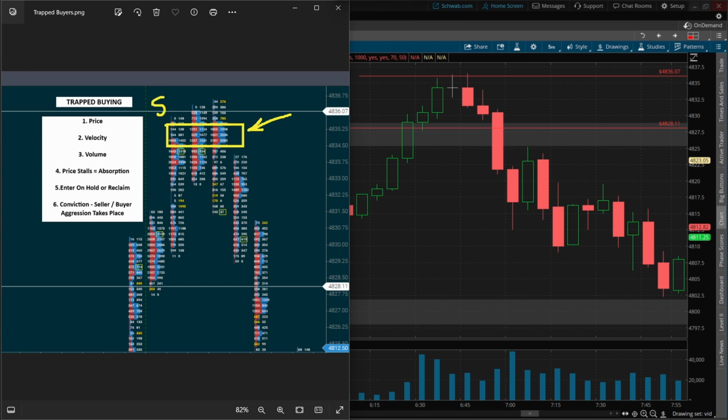Okay, this is where stuck traders are no longer being rewarded for price moving in their favor, and they are subject to getting stopped out as trend starts to reverse. And sellers know this. So as sellers start to absorb price and hold price here within a small range, they will then attempt to hit the offer or sell the market aggressively.